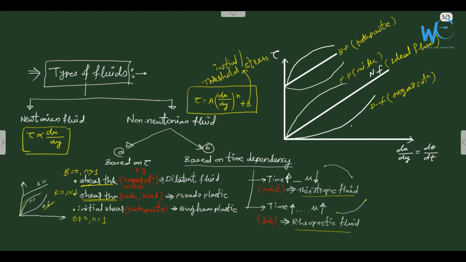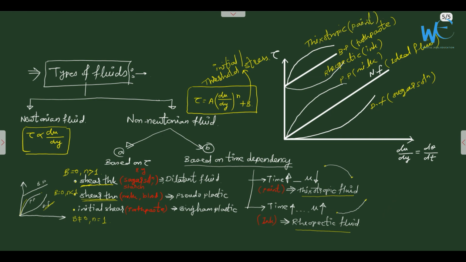So here, this is our rheopectic, right? And the example of our rheopectic is ink. And here is our thixotropic. What is the example? Pen.